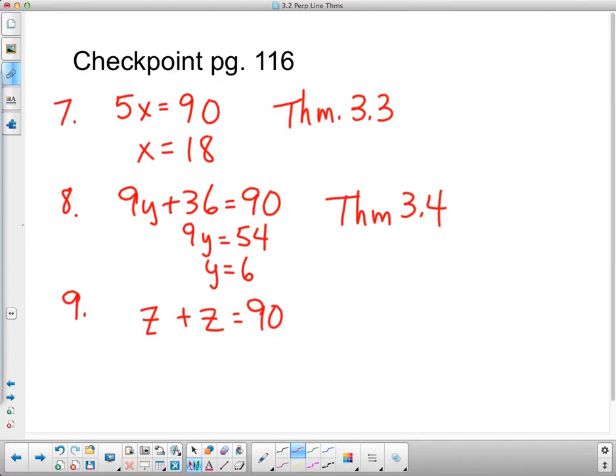Was that supported then by theorem 3.4? That together they would be complementary, together they would add up to 90? I think that would be the same theorem. Okay, and so that's where she got the idea and divided. So z was 45 and theorem 3.4 was supported. All right, perfect on that set of problems.